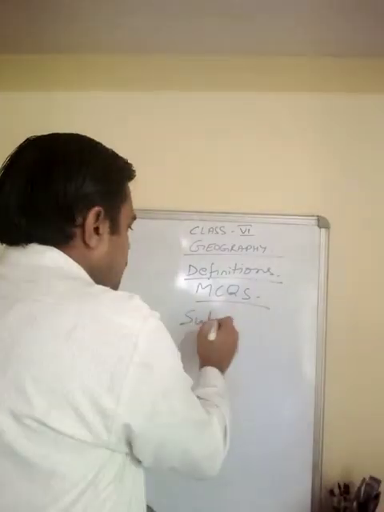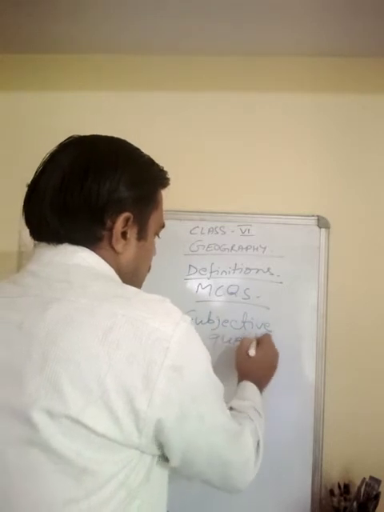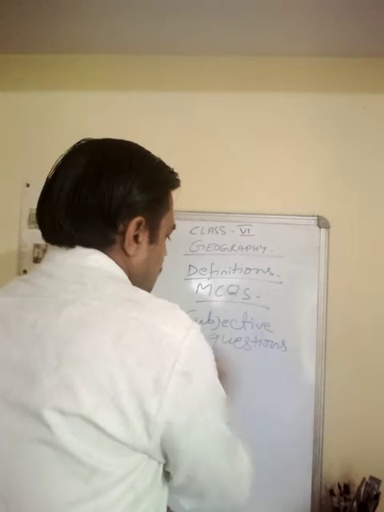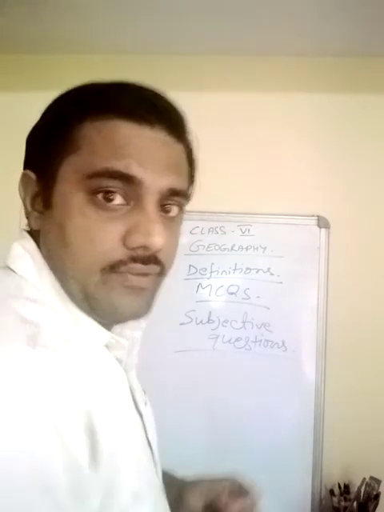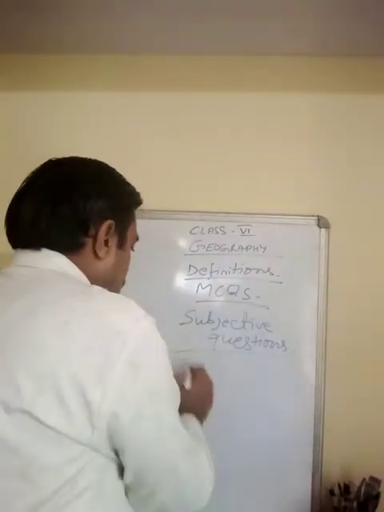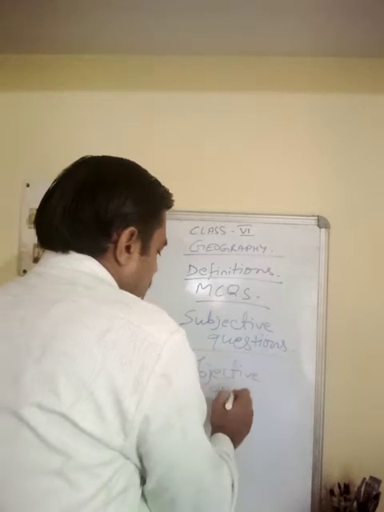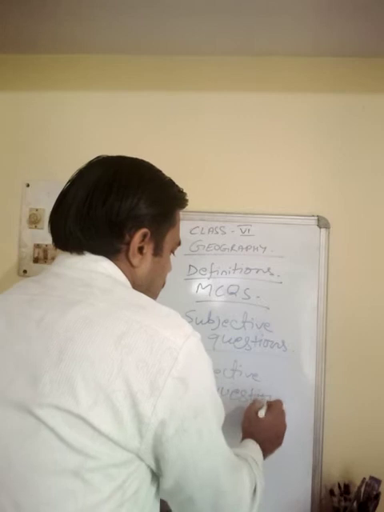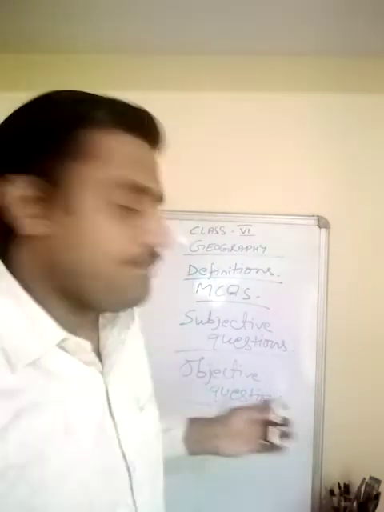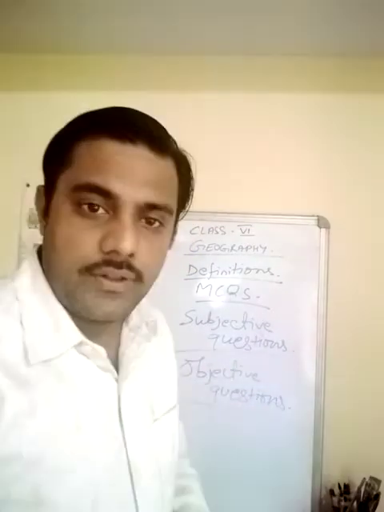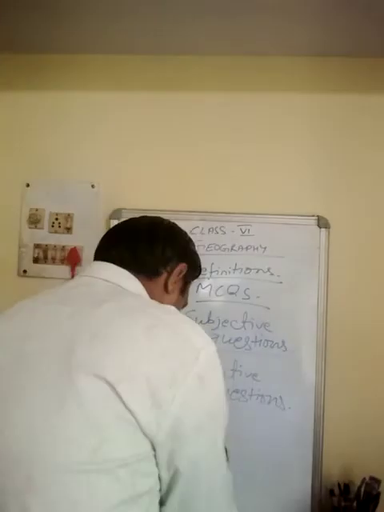Subjective questions, question answer, differentiate between the following and stuff, and objective questions. What you call fill in the blanks, true, false, and stuff. But one thing that we cannot ignore is diagrams.